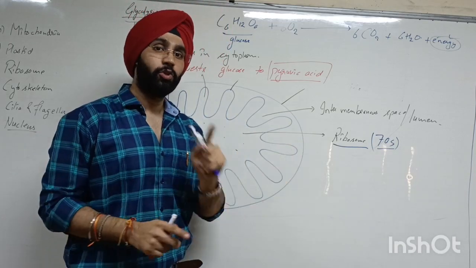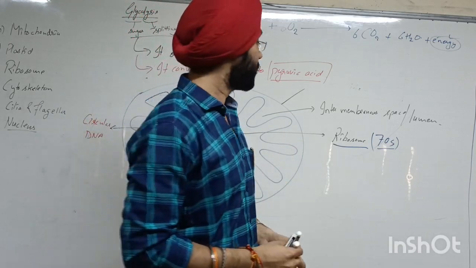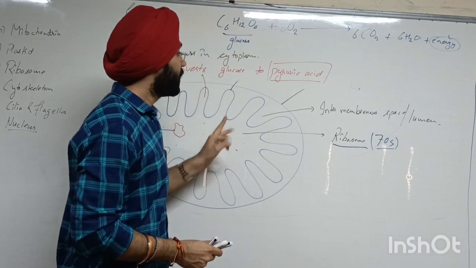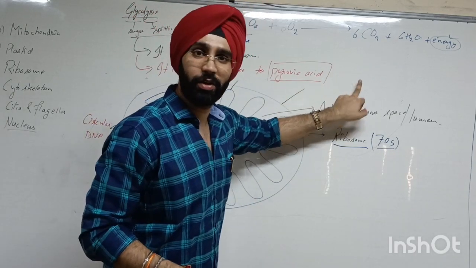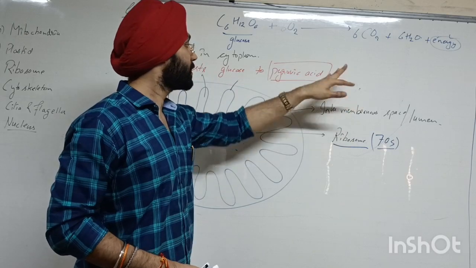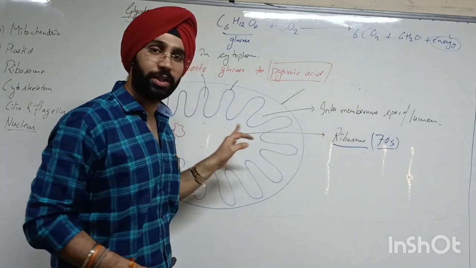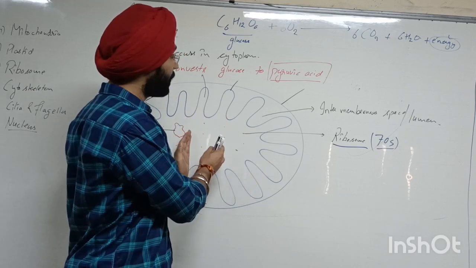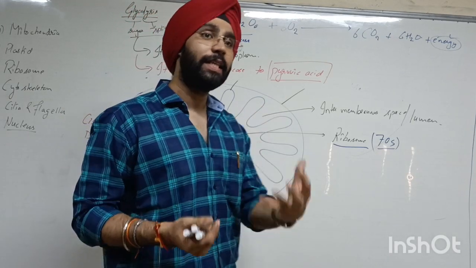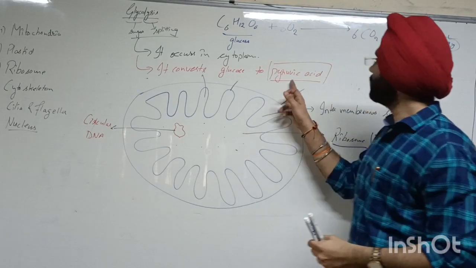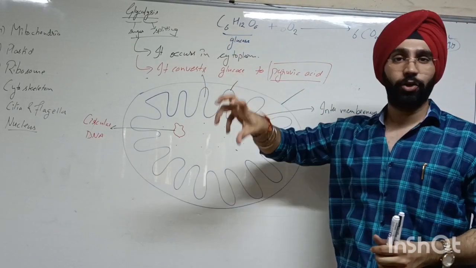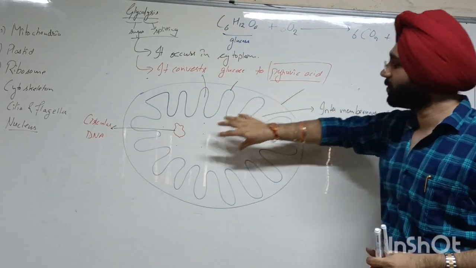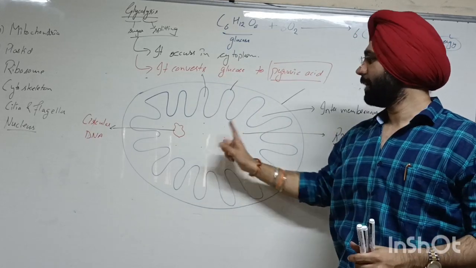respiration occurs. So aerobic respiration is the cyclic process which occurs in the mitochondria, where pyruvic acid is converted and ATP production occurs. So ATP is produced by mitochondria, but it is a halfway process, because the pyruvic acid is generated in cytoplasm and the rest of the process occurs in mitochondria.